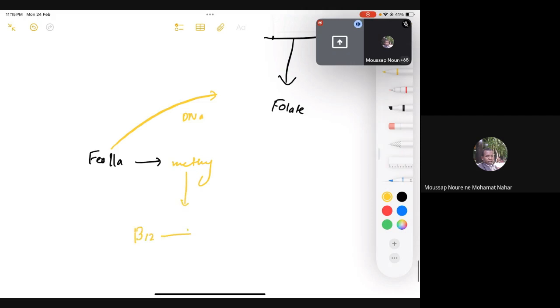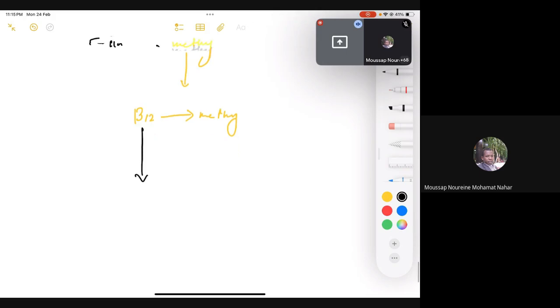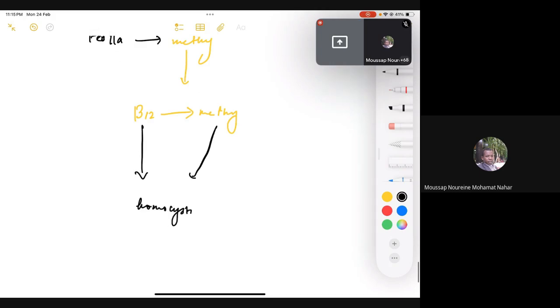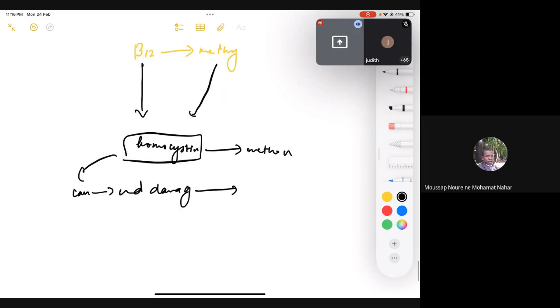We further discussed that in order for B12 to participate in certain processes, it had to give the methyl to homocysteine, and it converts homocysteine into methionine. This is important because homocysteine buildup can cause endothelial damage, which confirms one component of Virchow's triad, which can lead to thrombosis. Can I say that?